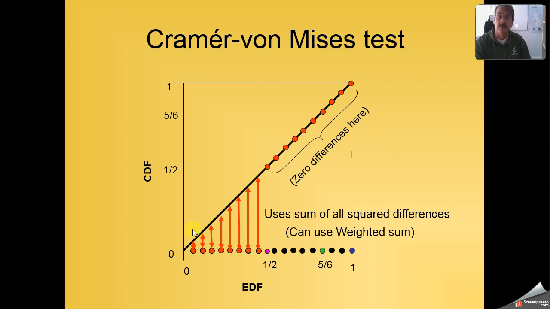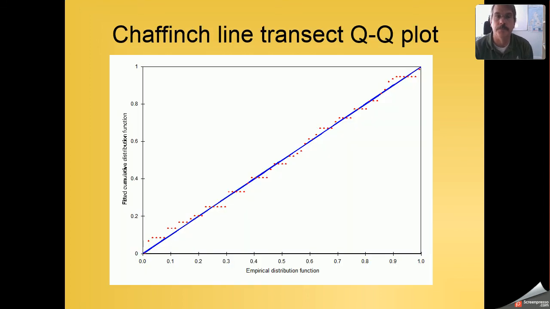And so it can say any discrepancy at small distances from the transect can be magnified to say this is bad fit, because it's much more important that the fit be good close to the transect line than at great distances away from the transect line, because we're mainly interested in producing a good estimate of what that probability density function f looks like when it's evaluated at distance 0.